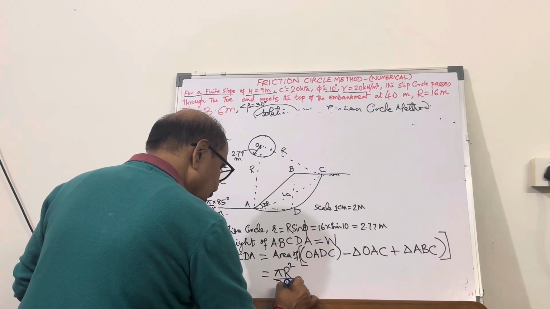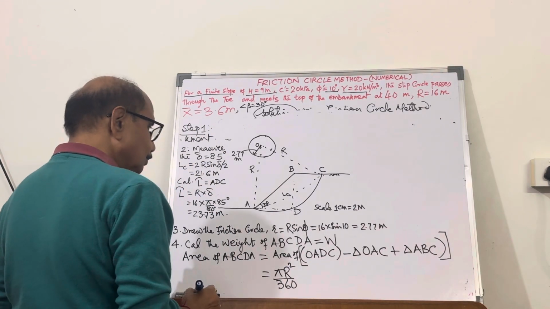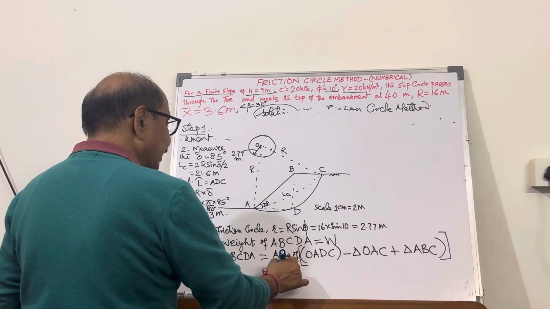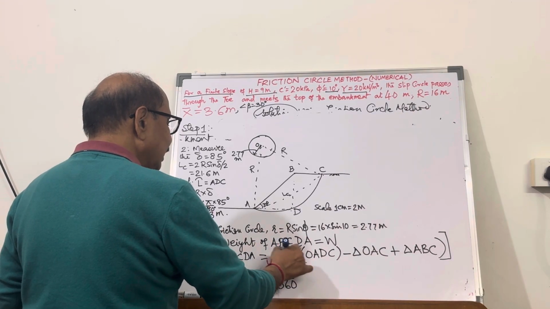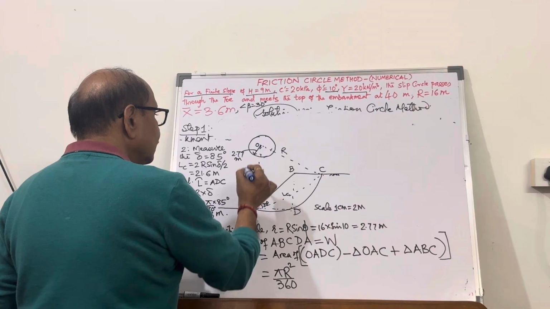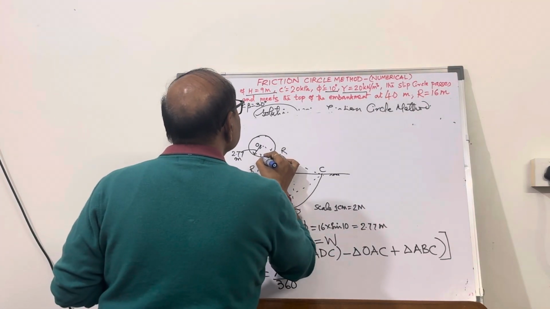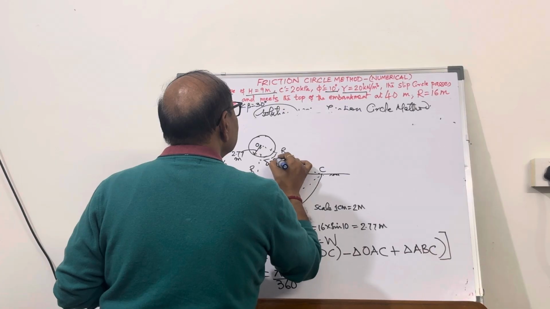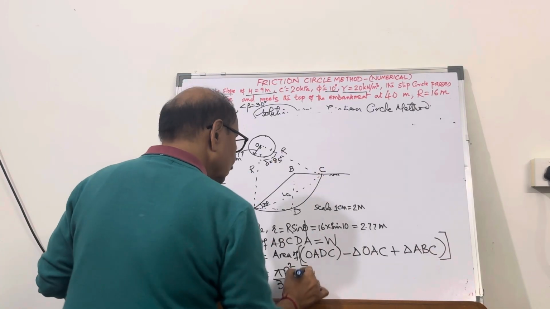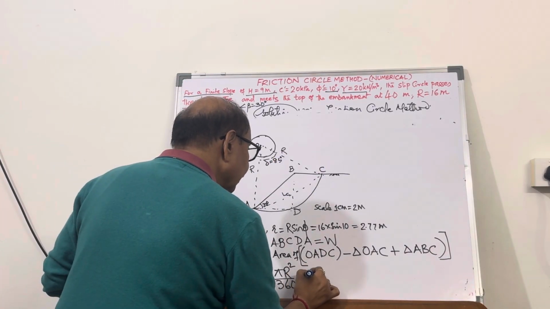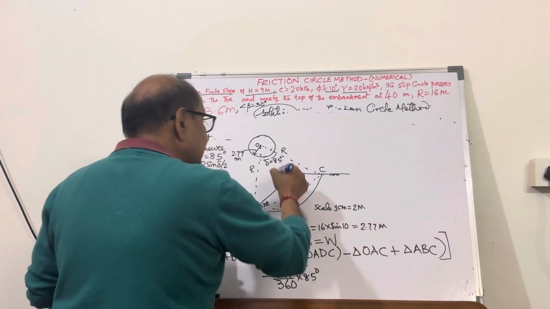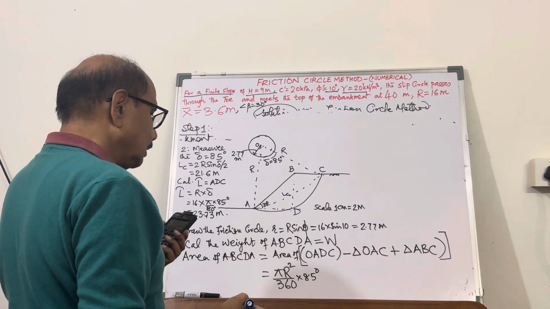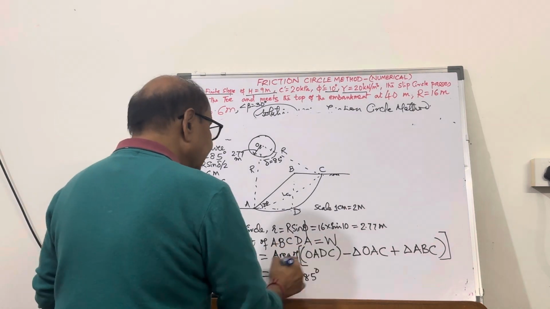So if the angle is 360 degree, the full circle area is pi r square divided by 360. But here, the central angle delta is 85 degree. So you multiply by 85.